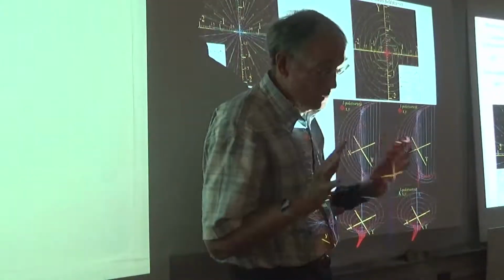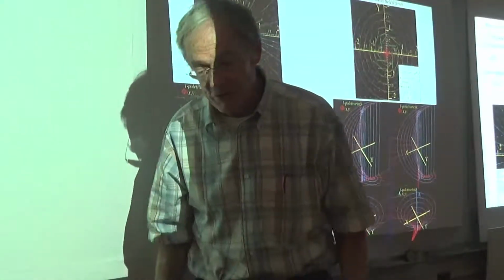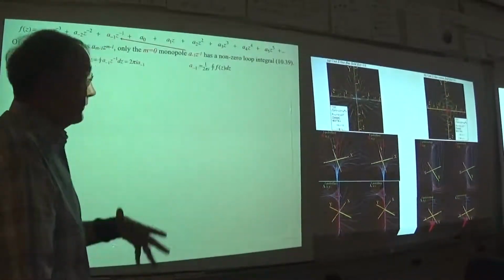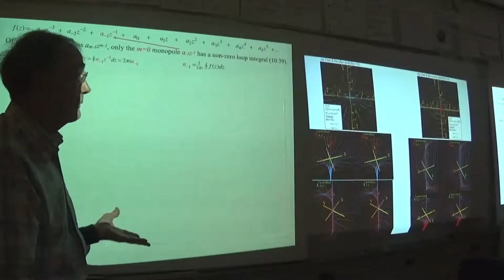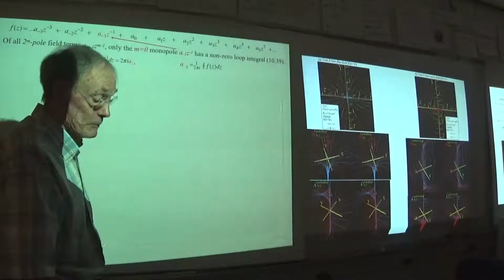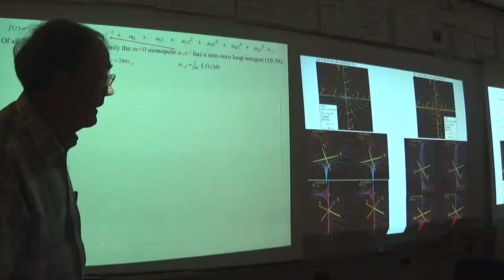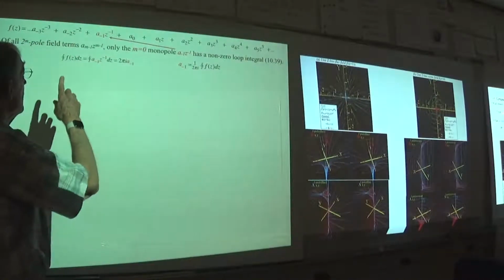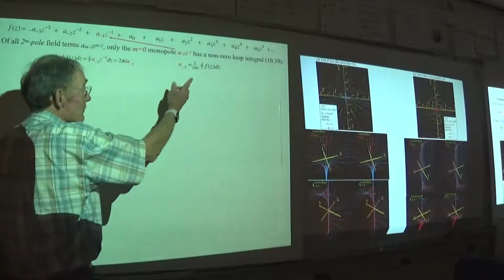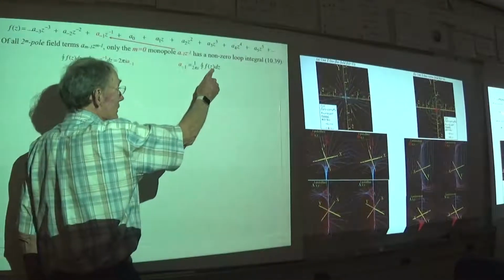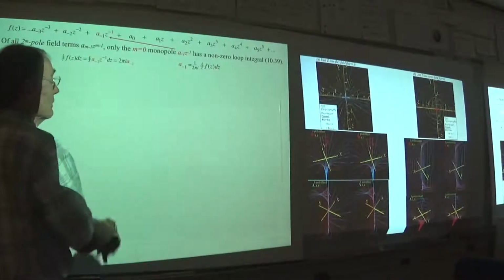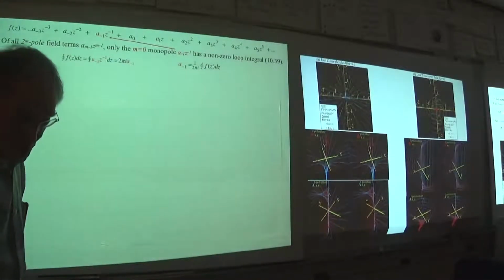And this is the only power of z that does that: 1 over z for the force. So the potential is a logarithm, which never stops getting bigger or smaller as you go around. So that integral right there is called the residue of a function, and the only function that has a residue is this crazy one, the monopole.